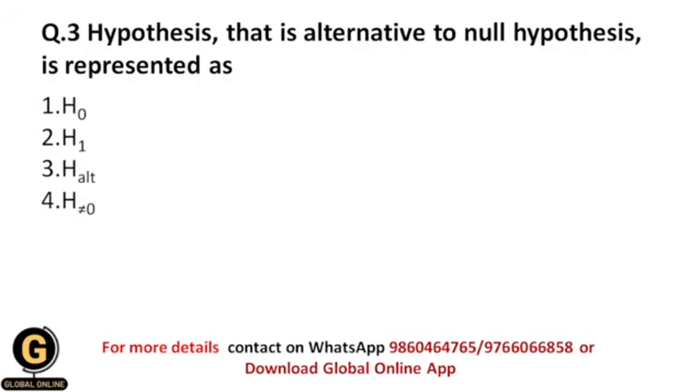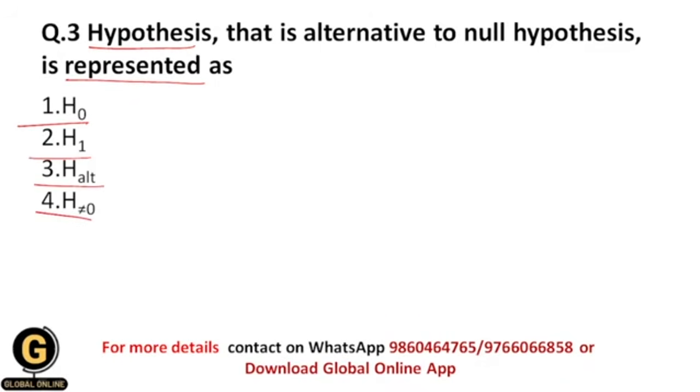Next is hypothesis that is alternative to null hypothesis is represented as. Now the hypothesis which is alternative to null hypothesis, or which is opposite to null hypothesis, is represented as what? Whether it is H0 or H1 or H ALT or H is not equal to 0.